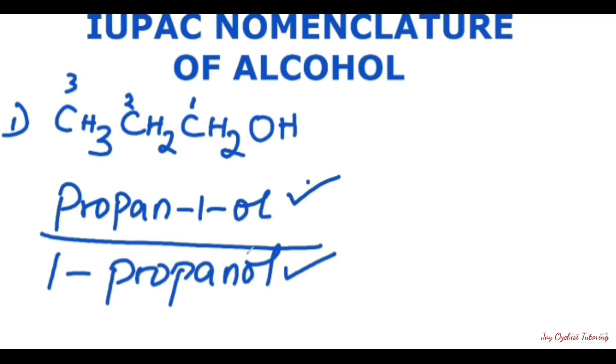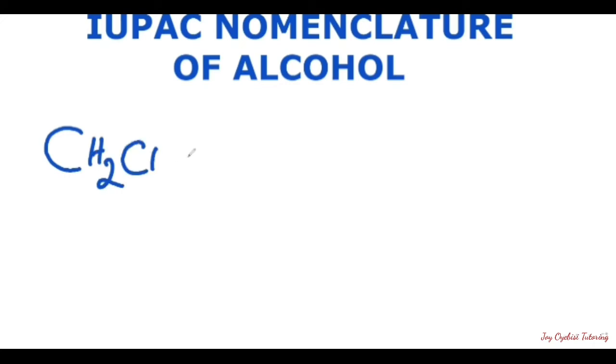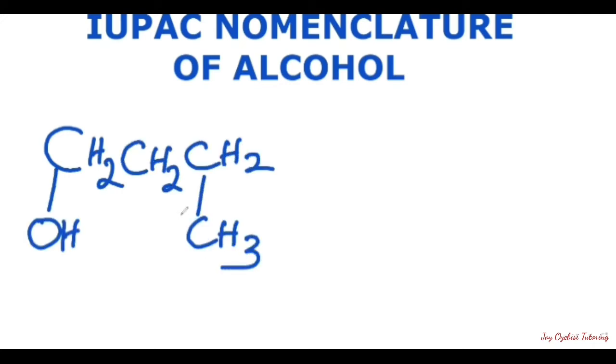Now let's go to the next example. Now, if I were to name this, we'll start from here, right? Because that's the one that is closer to OH. So that will be 1, 2, 3, and then 4. The longest chain has to be considered, no matter what.